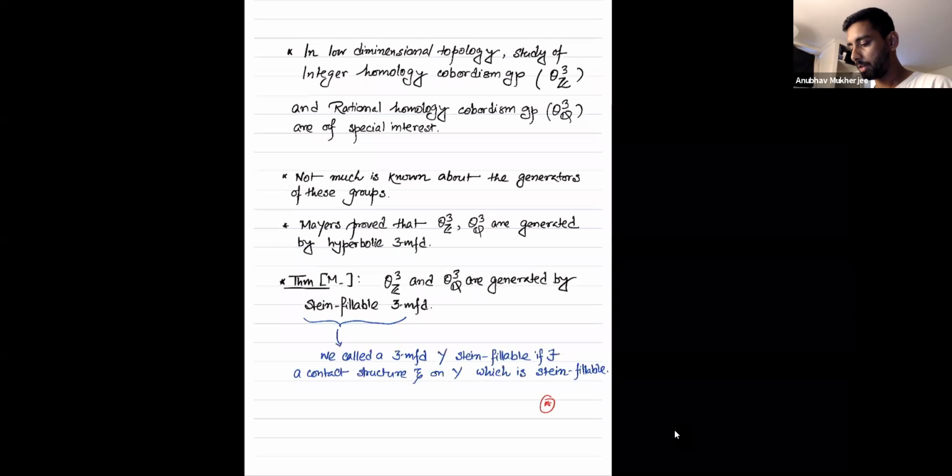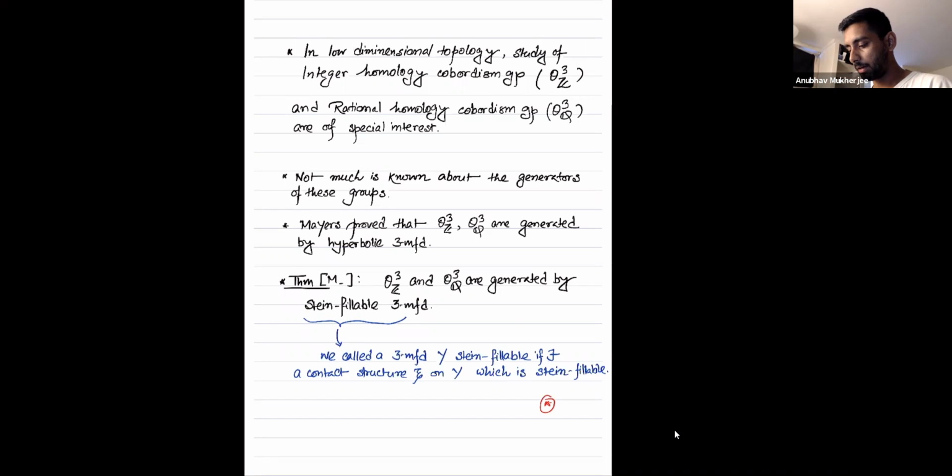So here Stein fillable 3-manifolds are 3-manifolds which have a contact structure which is Stein fillable. And I'll define Stein filling shortly if you are not familiar with what is Stein fillable. But one thing I would like to point out is that Stein fillable 3-manifolds are not that common.